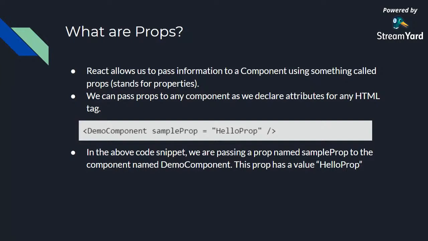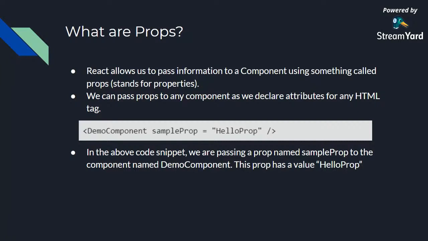So this concludes the part on state in React, which also acts as a variable. Another one of the main things we have is props. So what are props? Let's take an example. We are logging into a website, right?